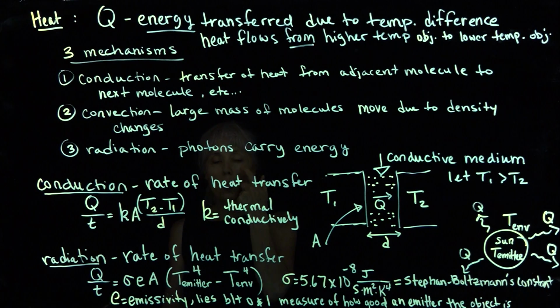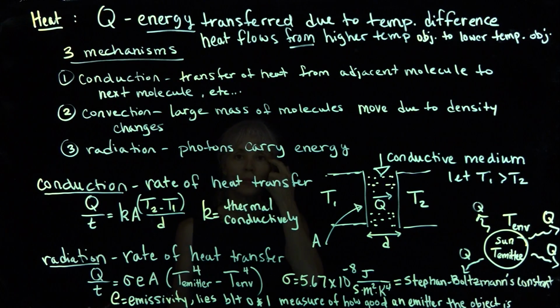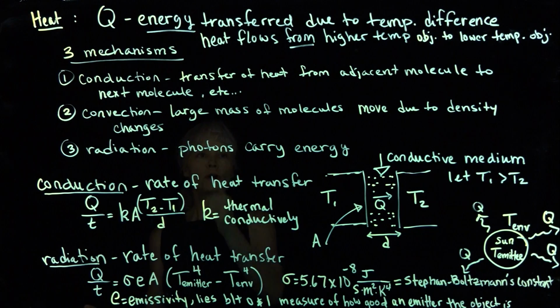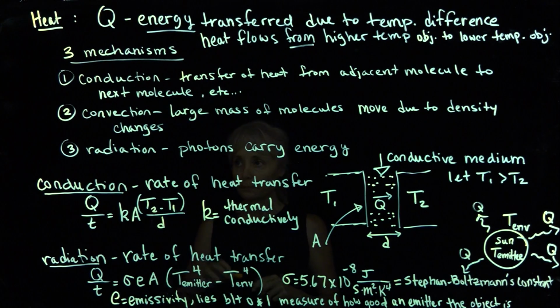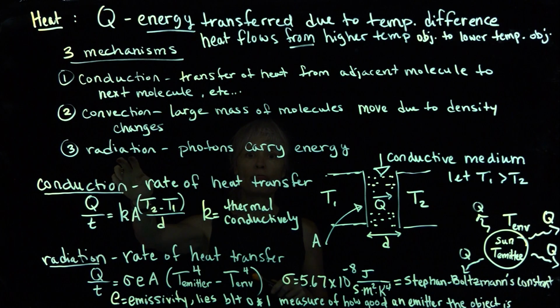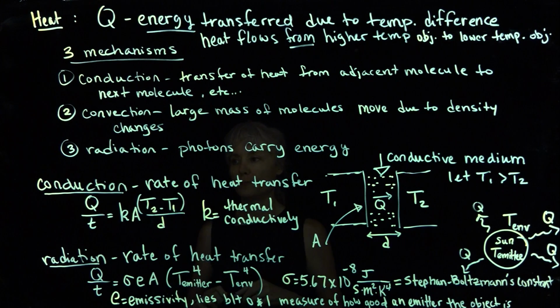We see one part of that electromagnetic spectrum with these detectors that are built into our head called our eyeballs. That part of the spectrum that we can see is called the visible part of the spectrum. We also call it light. Photons carry energy. They're little packets of energy. And so radiation makes up the third mechanism for heat transfer.